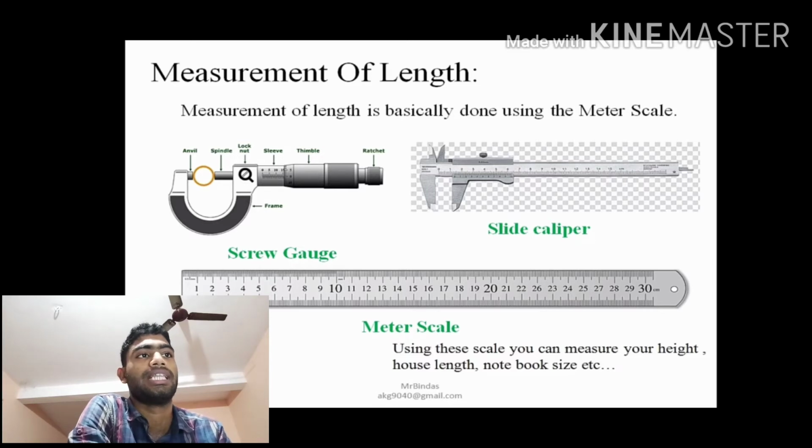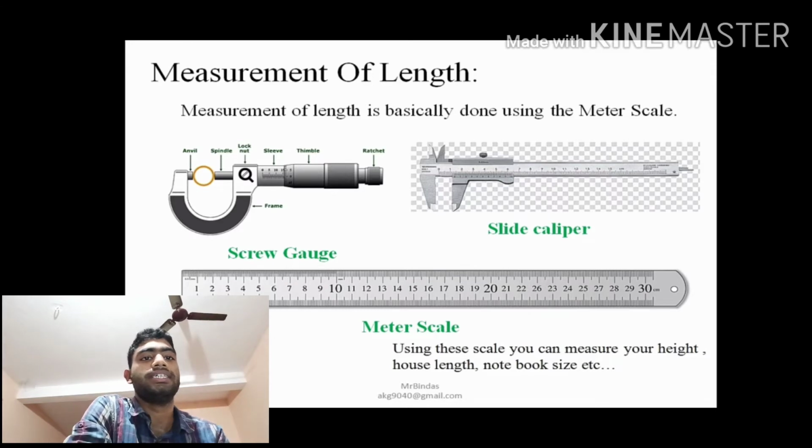But the slide caliper and screw gauge are used to measure the radius of a sphere. And with the help of the slide caliper, you can also measure the inner radius of a ring.